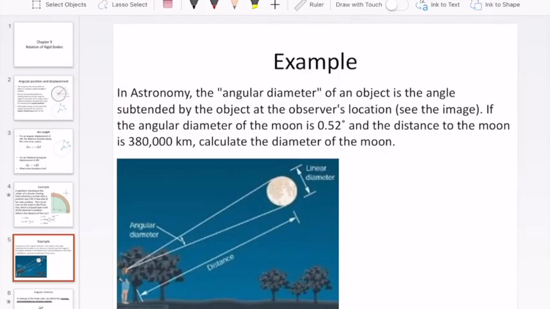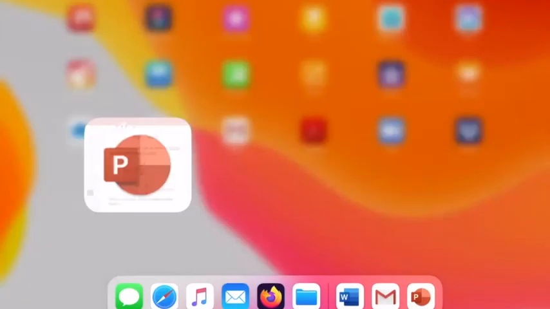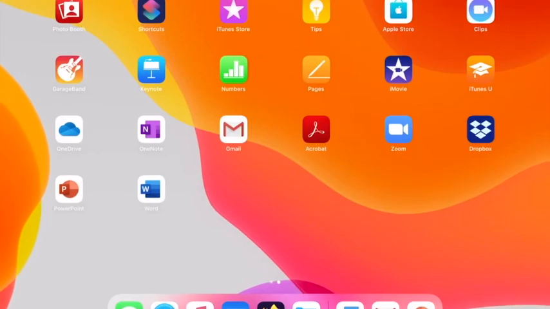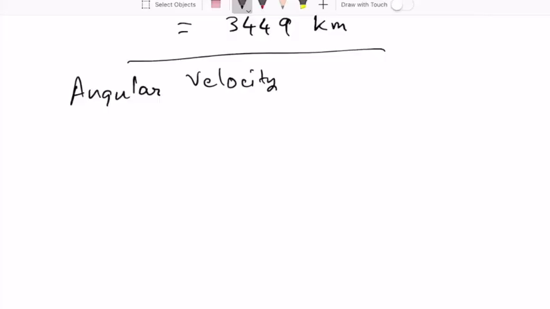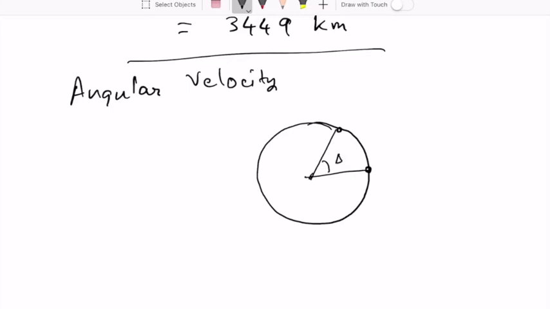All right, okay. So the next thing that we're going to talk about is angular velocity. We were talking about an object that's moving in a circular path, and we talked about the angular displacement. Let's say that the object was initially over here, and then it moves over here and traces out this angle delta theta, right?